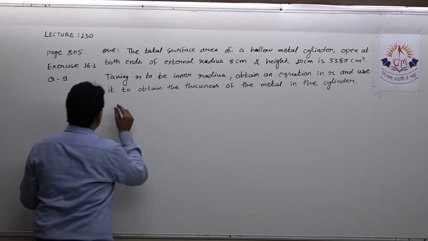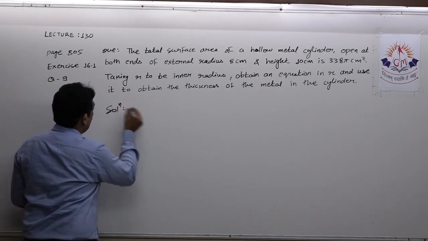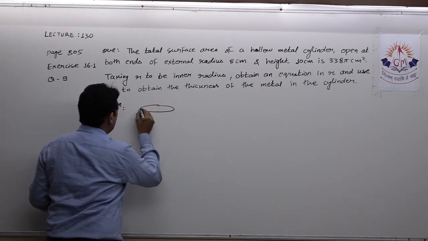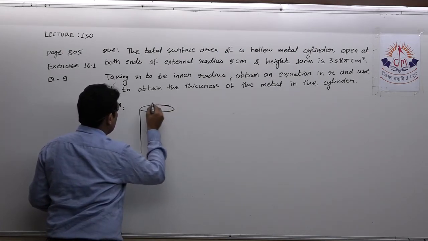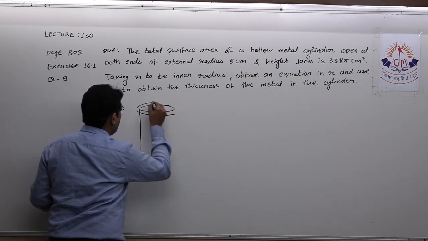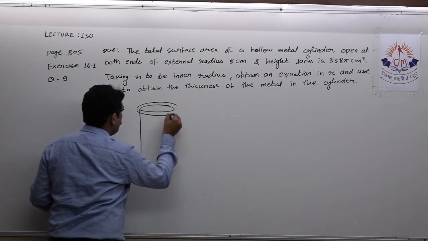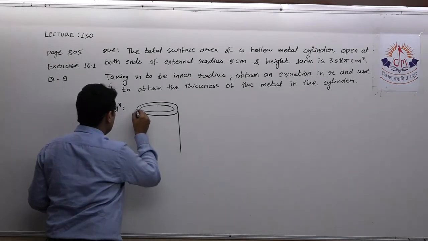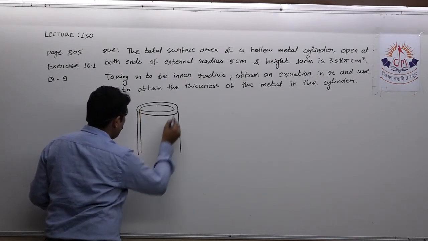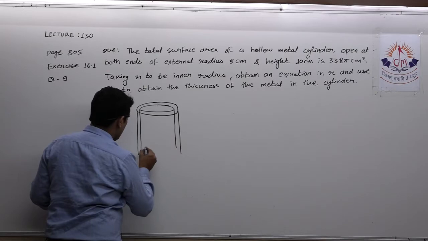Okay, so let us see. First of all, let us draw a diagram which represents the given situation. It's a hollow cylinder. Something like this I can say is the hollow cylinder.